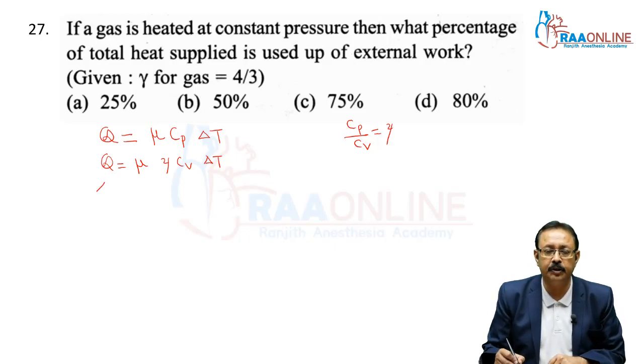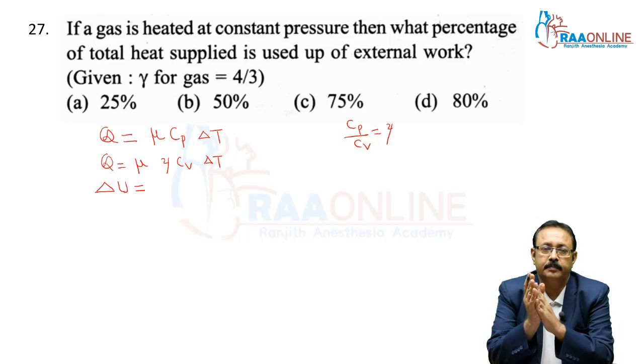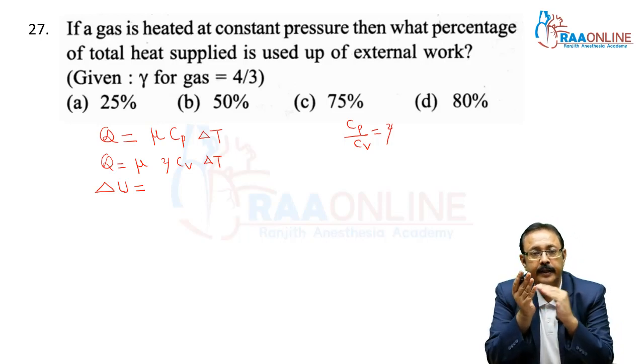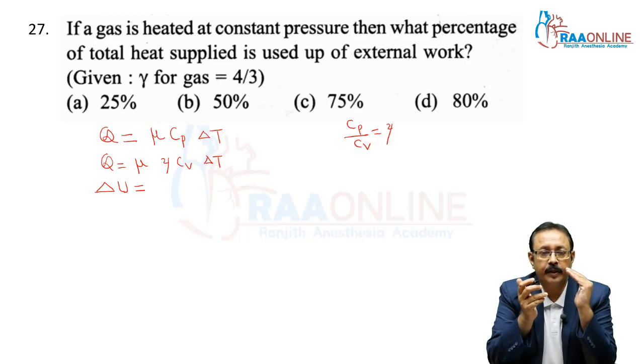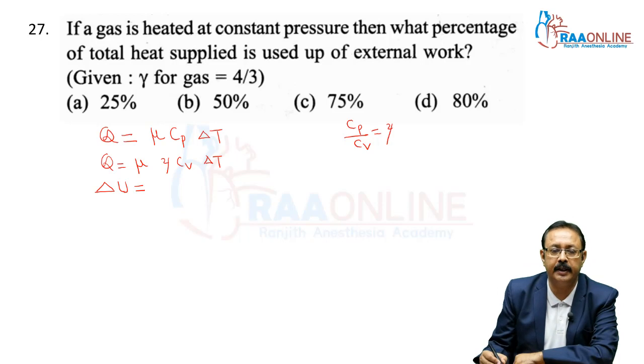Now, when we want to talk about change in internal energy, if you are supplying heat to a system at constant volume, all heat will be used to increase the internal energy.